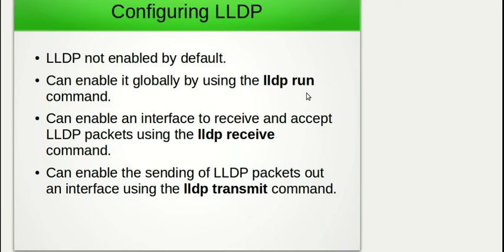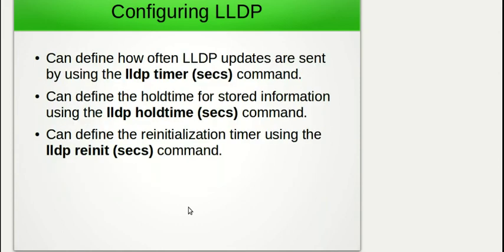With LLDP, we have to enable the interface for receiving LLDP packets and transmitting LLDP packets. So in this case, the LLDP receive command tells the switch that it can support receiving LLDP packets on the interface, and the LLDP transmit command tells the device that it can send LLDP packets out that interface.